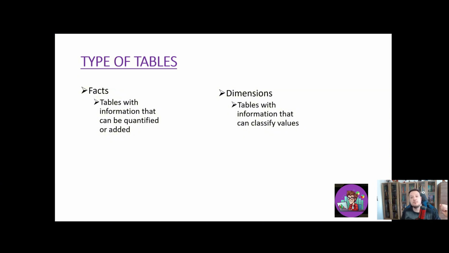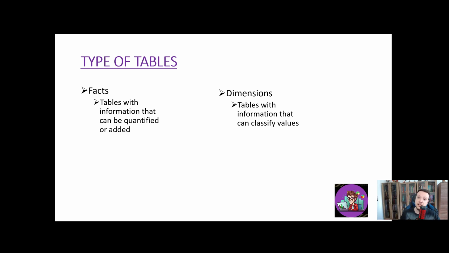A product table, sales by product. So the dimension will have a lot of information. Almost everything will be a string, a text. For example, in a client table: the social security number, the name, the email, the address, the phone number, the city, and so on. We have a lot of information about our client.